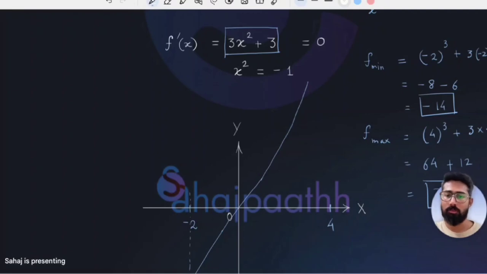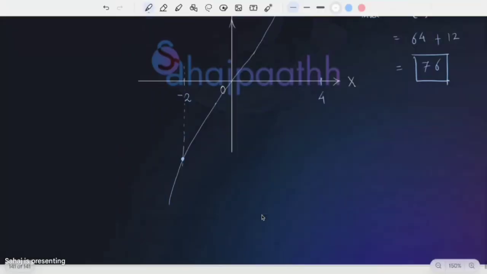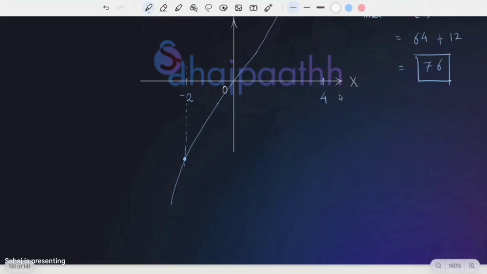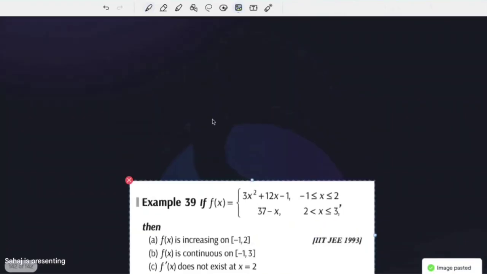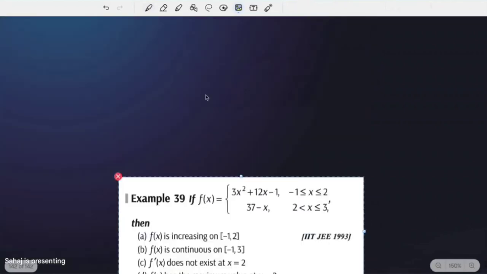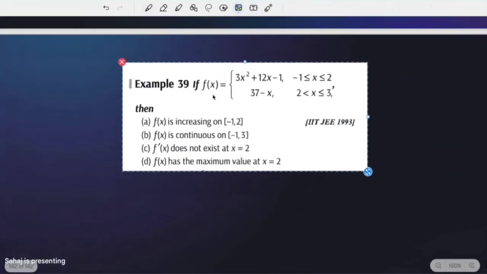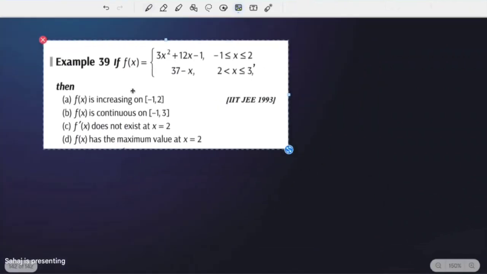Okay, look at this. Now f of x has these two different functional forms in two different ranges.